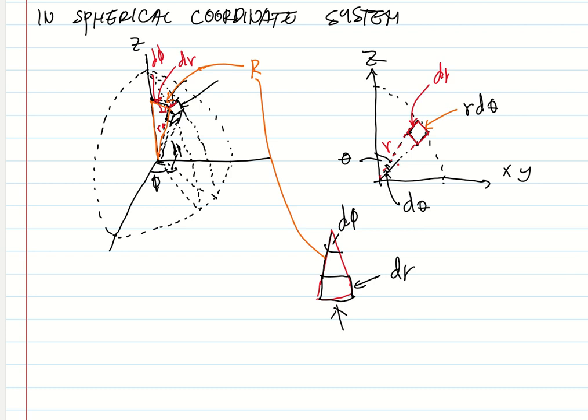If we write that triangle, this will be small r, and this angle is the angle from the z-axis. That is our theta, because this is the z-axis. And this is capital R. That is what we want to solve.